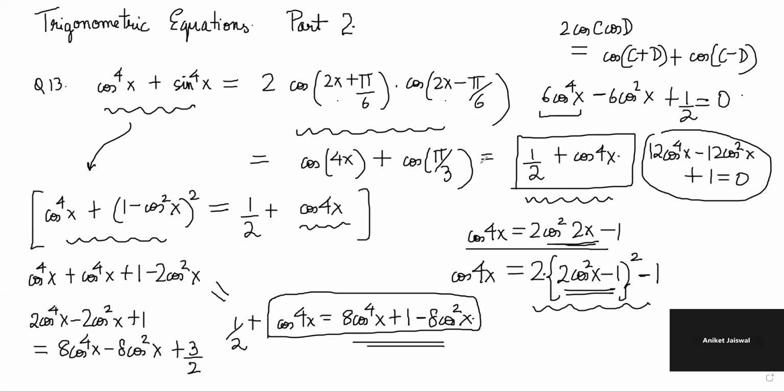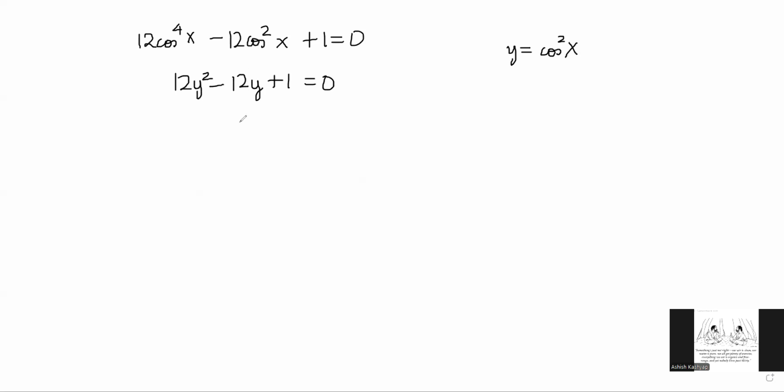Yes, sir. After this, it is easy. It's a quadratic. 12 cos power 4x minus 12 cos square x plus 1 is 0. You can take y as cos square x, so it becomes 12y square minus 12y plus 1 is 0. Solve for y, you'll get 2 roots, (3 plus minus root 6) over 6.